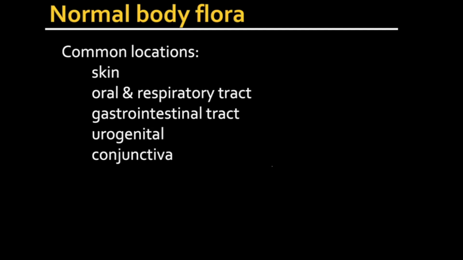Some of the common locations that you will find this is on your skin, in your oral, nasal, and respiratory tract, your GI tract, urogenital area. So that's urine and genital area, and conjunctiva, which is your eyes. So these are just some places where you have some good flora or good bacteria, and you don't want to get rid of.